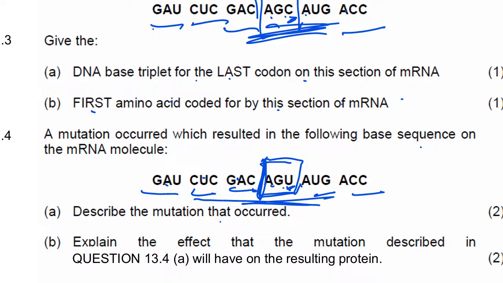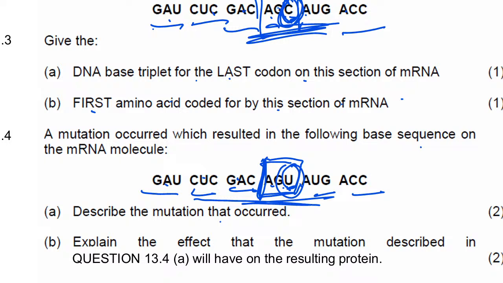The mutation which occurred is the base on codon number 4, 1, 2, 3, 4. Yes, the third base of that codon number 4 changed from C to U. That is the mutation. They're asking you what really happened.